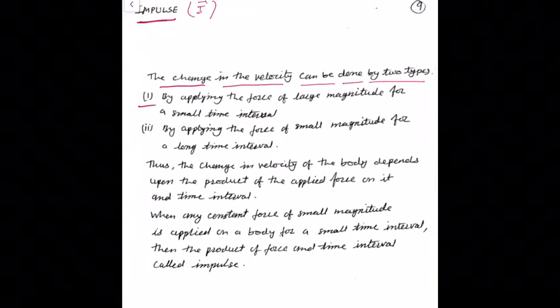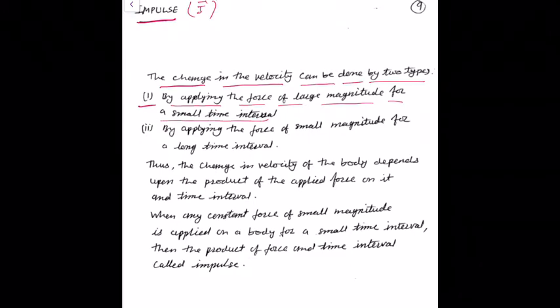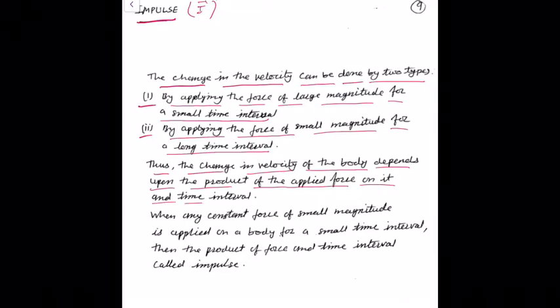First, by applying the force of large magnitude for a small time interval, and second, by applying the force of small magnitude for a long time interval. Thus, the change in velocity of the body depends upon the product of the applied force on it and time interval.